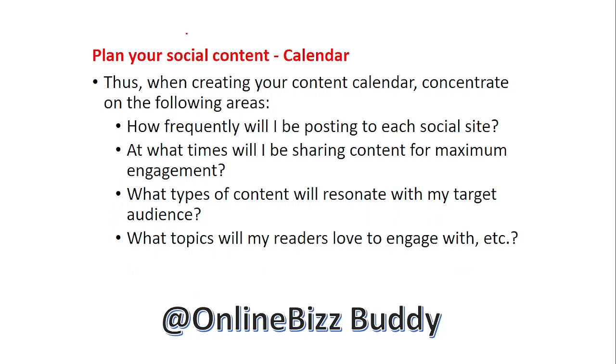What types of content will resonate with my target audience? Do they like videos? Do they like infographics, right? What are the trending topics that your readers love to engage with? These are just some examples of how you can plan your social content, which is very, very important.